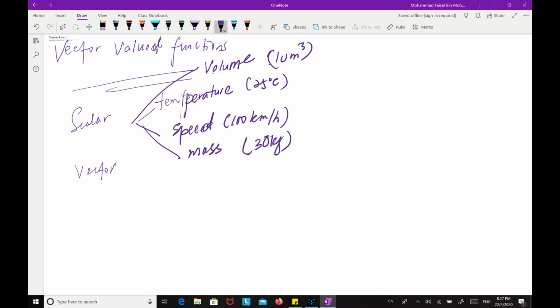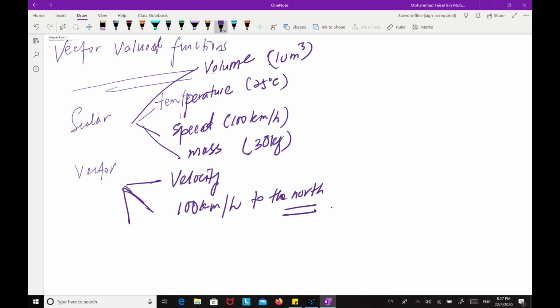So vector, for example, a quantity with its magnitude and its direction, that is velocity, 100 km per hour to the north. So we have direction here, okay, magnitude and its direction.